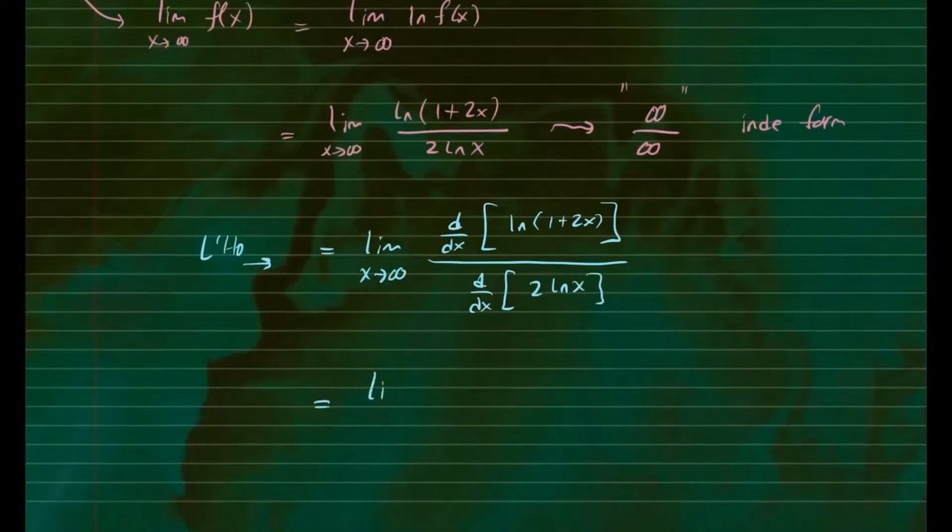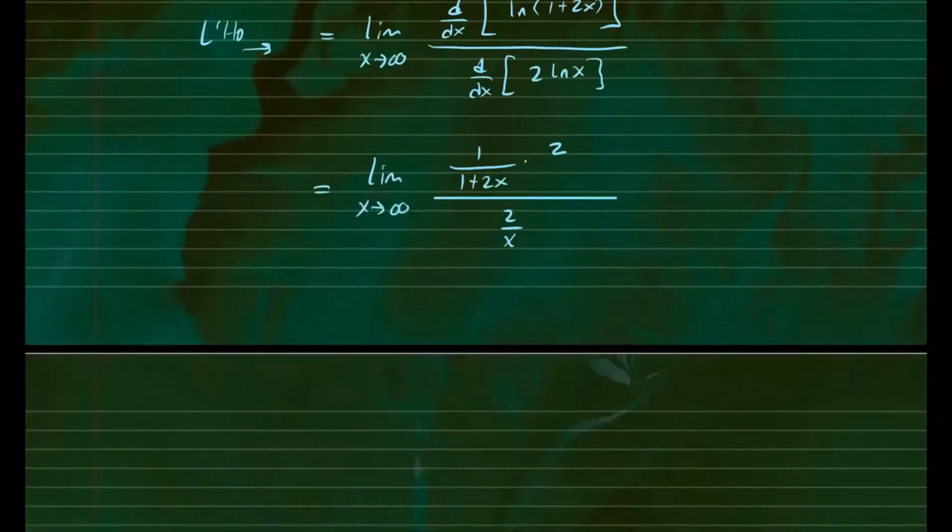So this is equal to the limit as x approaches infinity. When you take the derivative of ln of any function, it's 1 over that function times the derivative of the inside, which is 2 in this case, using the chain rule. And on the bottom, you have 2, and the derivative of ln of x is just 1 over x. Now let's simplify before we take the limit again.